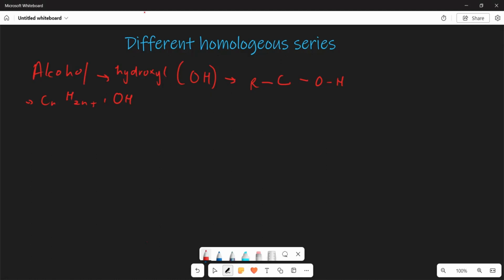And the other thing that we are going to be looking at is that it consists of the suffix OL, right? Every time whenever you see a compound with an OL, you need to know that this is going to be your alcohol.